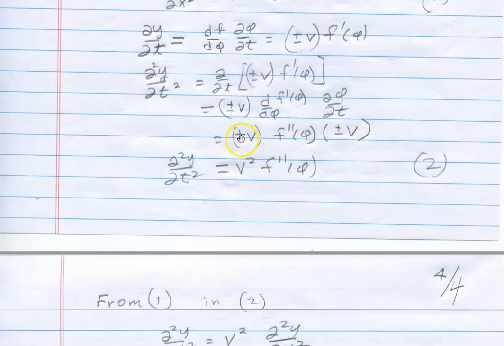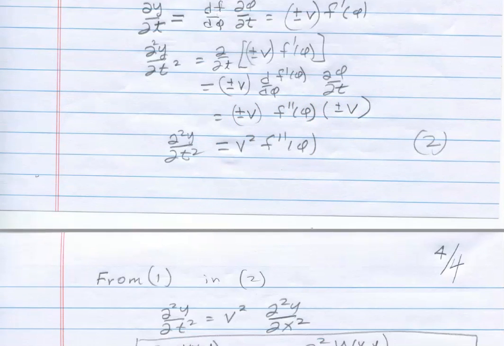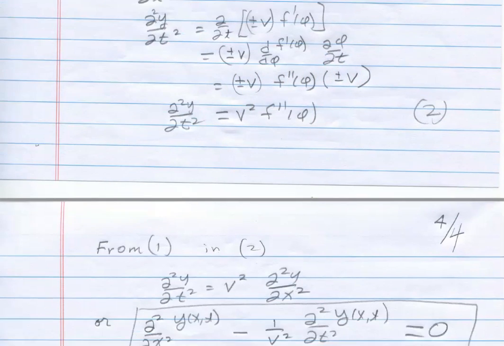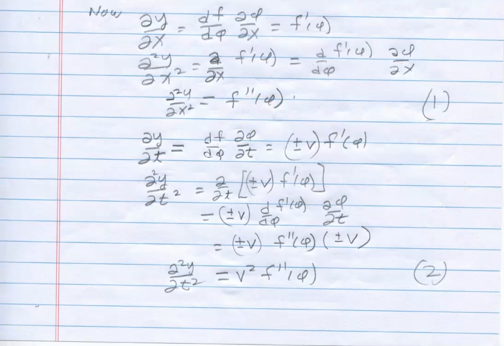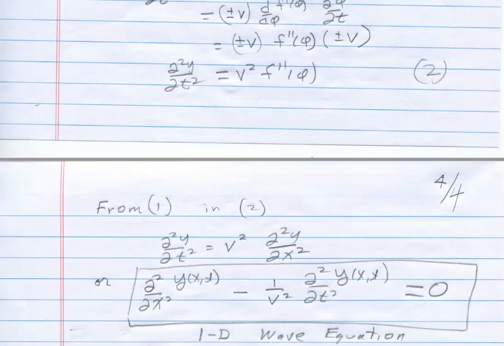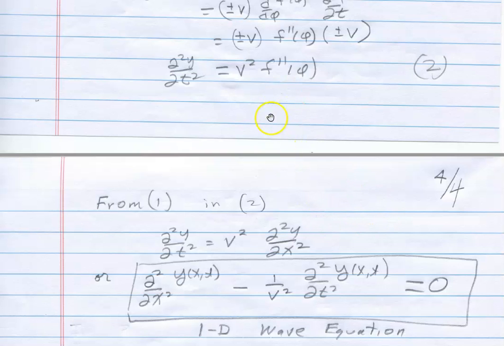You'll get v squared, either plus plus or minus minus. And then if I use 1 and 2, so I use the fact that f double prime is the second partial derivative of y with respect to x, then that just substitutes here, and I get the wave equation.